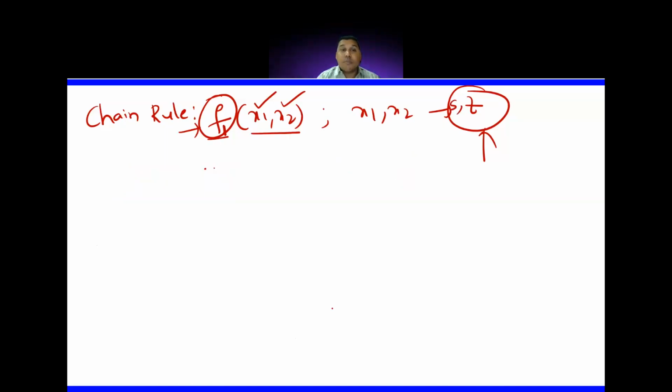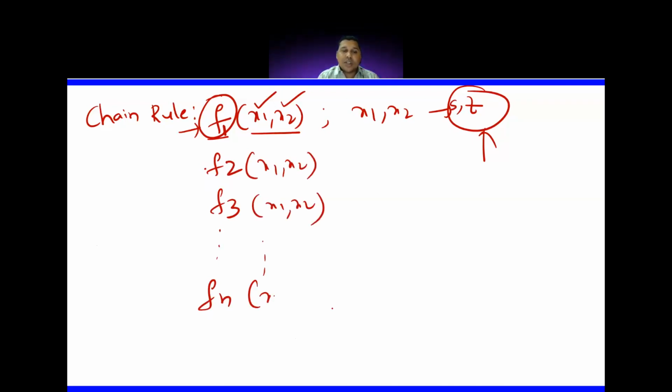Suppose, like this, you have multiple functions f1, f2, f3, and so on, fn. All these functions f1 to fn are dependent on two variables x1, x2. Each of these x1, x2 is dependent on s and t. Okay, so instead of having one function, we are having multiple functions here.